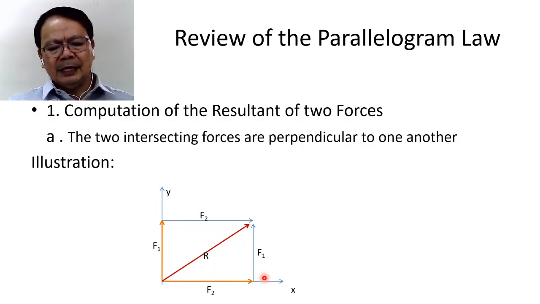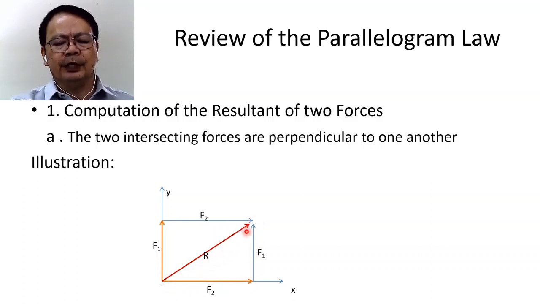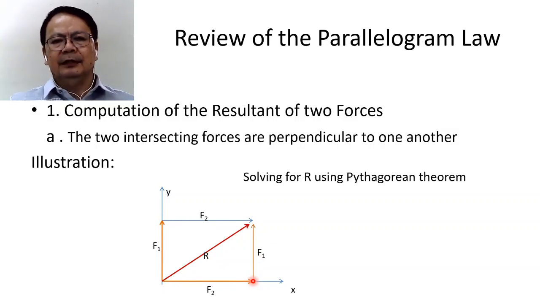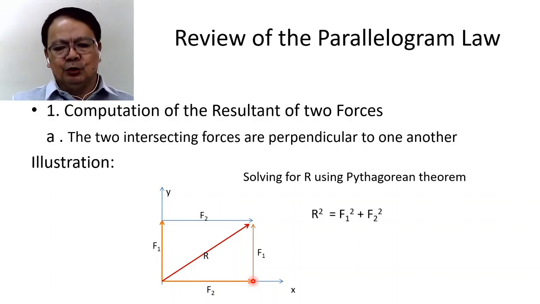Looking at the parallelogram, you will notice that we have formed a right triangle. With this triangle, we can compute for the magnitude of R using the Pythagorean theorem, which states that the square of the hypotenuse is equal to the sum of the squares of the two other sides.